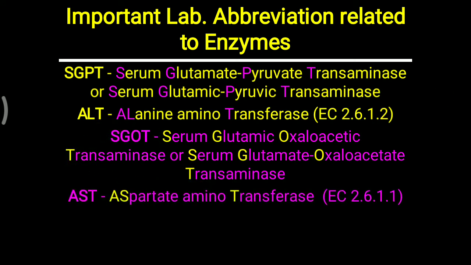AST means aspartate aminotransferase. So these four names indicate only two enzymes. SGPT is also called ALT, and SGOT is also called AST. Aspartate aminotransferase belongs to EC 2.6.1.1. Both are quite similar in reaction, and the numbers are also nearby in the IUBMB classification.